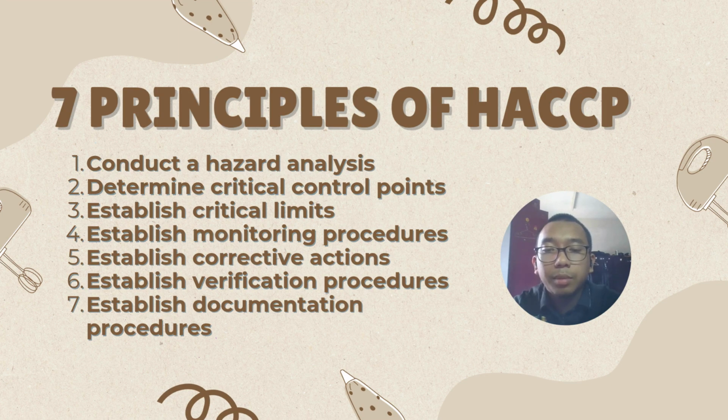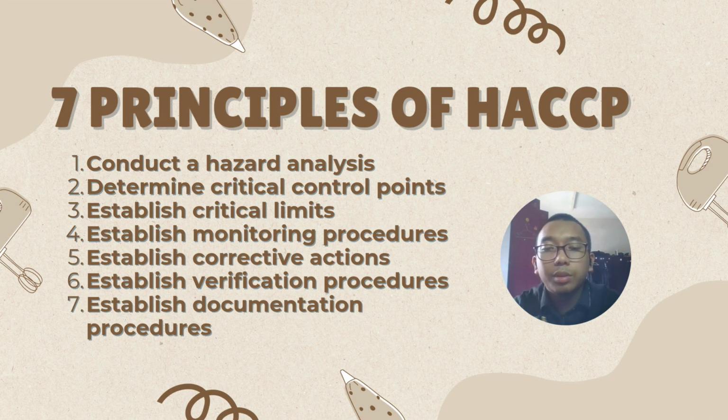Next, establish monitoring procedures. This is to plan to monitor critical limits at each CCP, describing the manner, timing, personnel, and frequency of measurements. Next, establish corrective actions, which identify steps to both correct the problem and prevent recurrence.